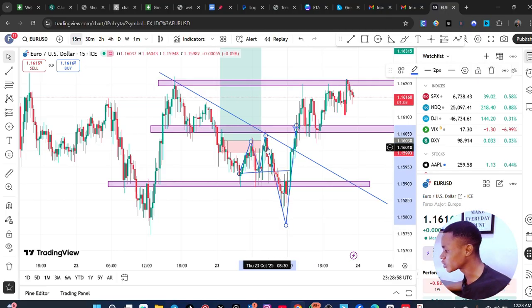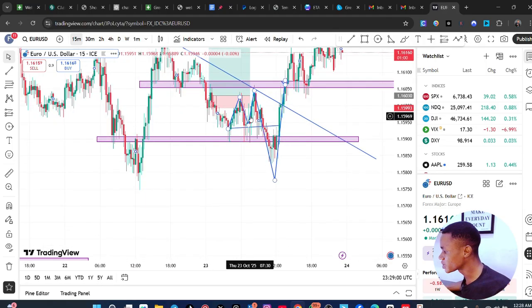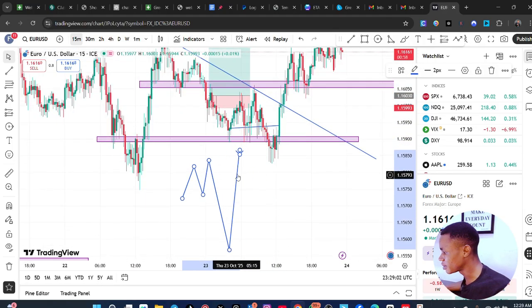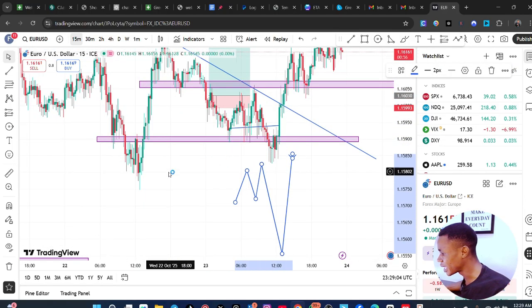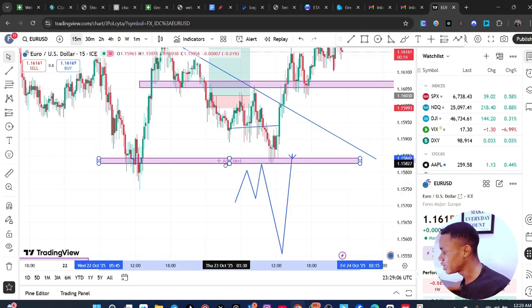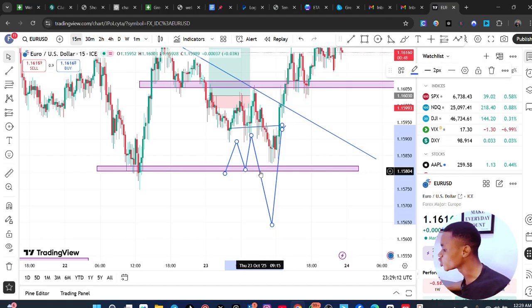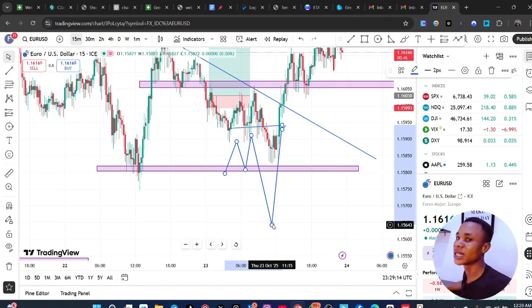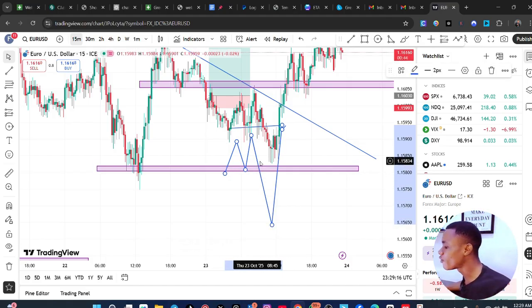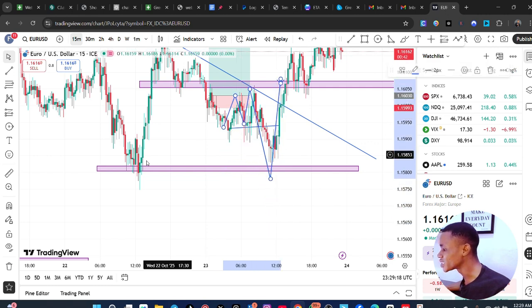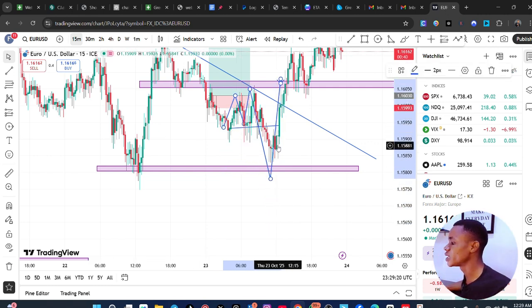If this particular shape forms somewhere here, let me just draw it, at this particular level here, then this thing was supposed to be a strong movement and the breakout would just be much. But it formed close to here where we still have this support and resistance, so it actually retests.